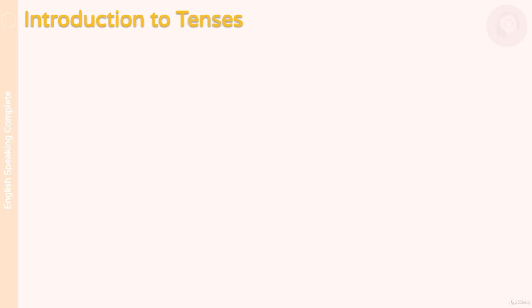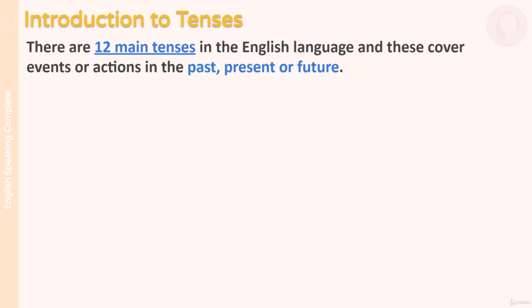Before we jump into the really specific information regarding different tenses, we should have a quick overview of what tenses really are. And it's important to note that there are 12 main tenses in the English language. Sometimes teachers will say 16. However, we're going to be learning it as 12 main tenses. I just find that it's easier to break it down into 12.